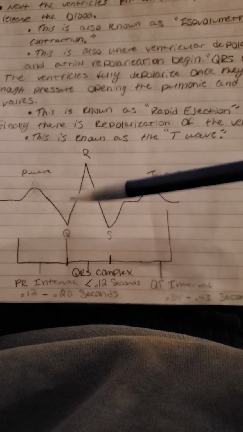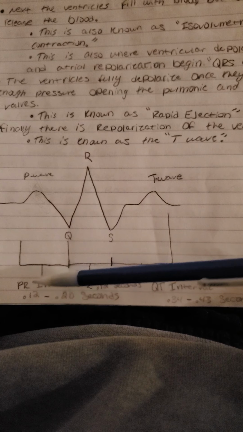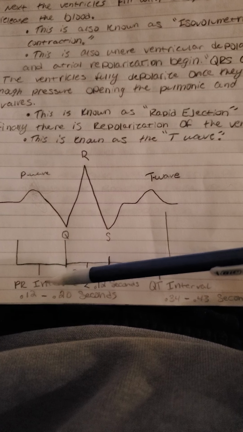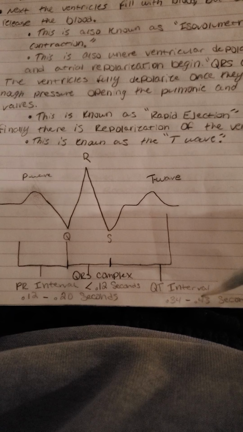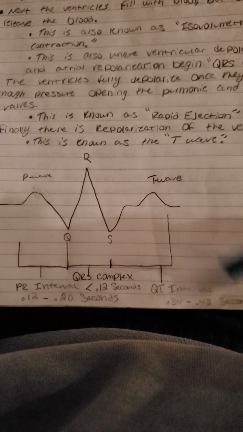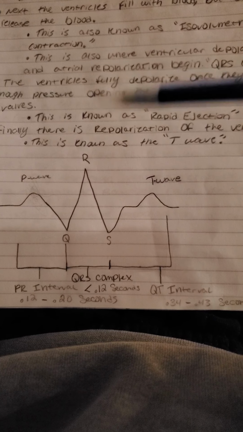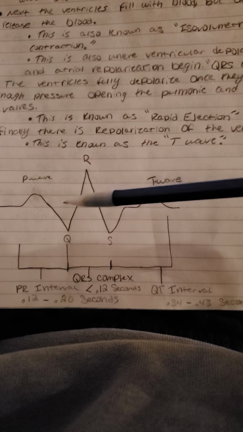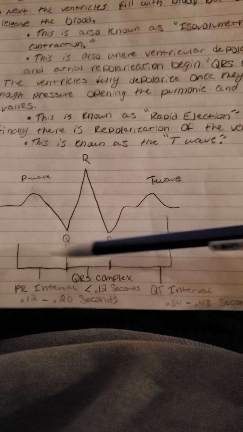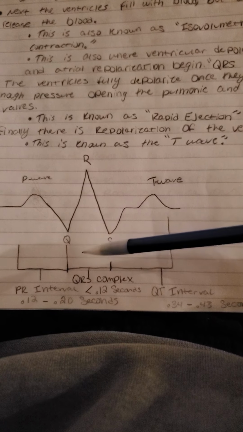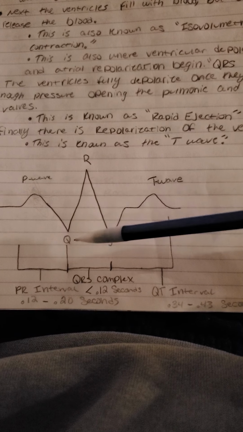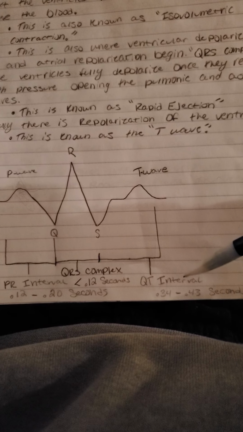And the only values that you really need to remember are 0.12 and 0.43. So you know that in that range, all of these things are happening, correct? Okay. So we know that this one is the medium value. We know the next action is the smallest, and that the Q to T is the longest.